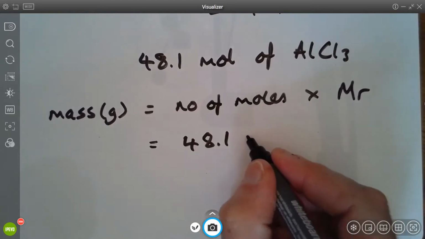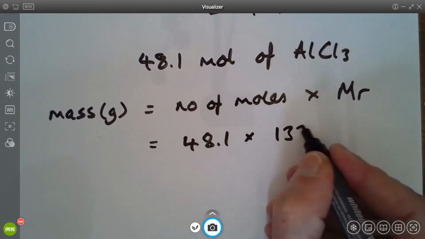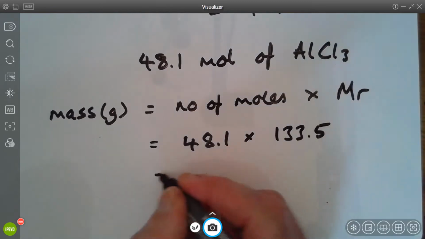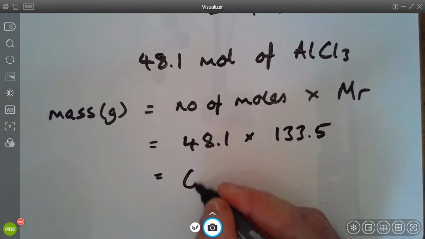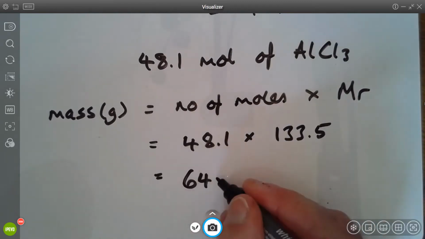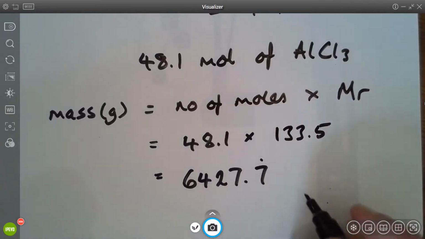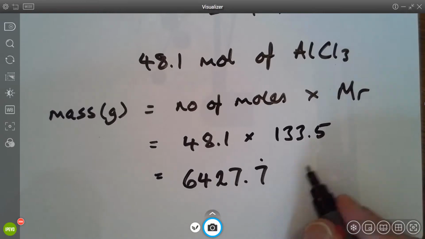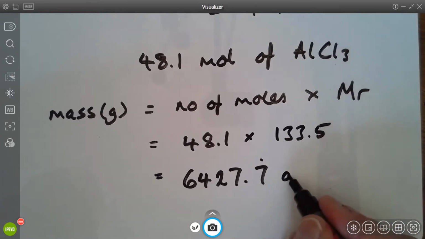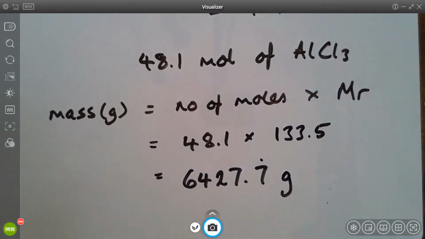That was 133.5. And therefore the mass in grams will be 6427.7 recurring. Okay, not the most elegant number, but it's the right answer. Now we could convert it to kilograms, and hopefully you know how to do that. However, it doesn't ask us to. This will be ultimately the correct answer.